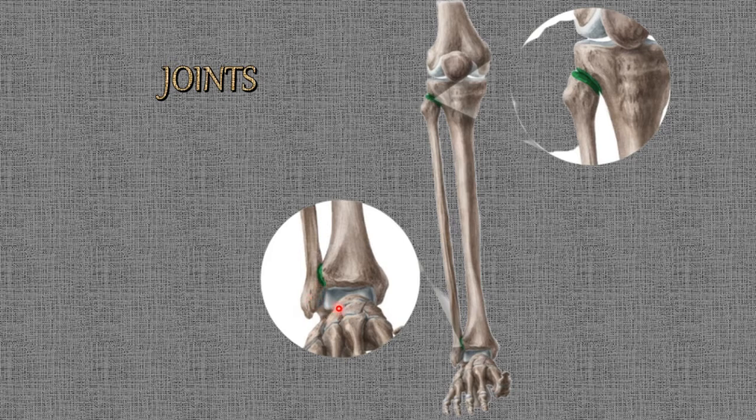One participates in the ankle joint by attaching with the talus bone, and there are the inferior tibiofibular joint and the superior tibiofibular joint. Superior tibiofibular joint, inferior tibiofibular joint, and talofibular joint.